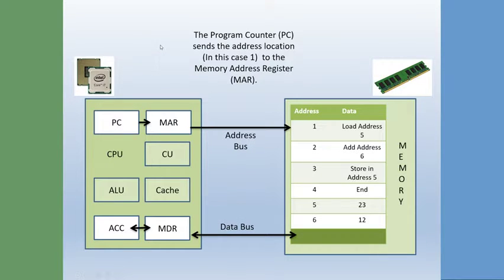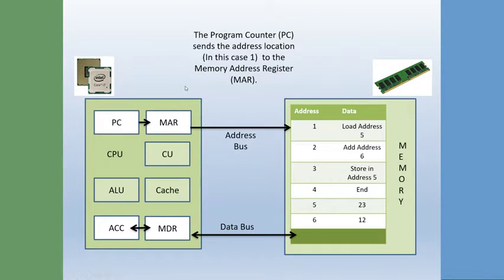So the next few slides, it's an animation. It briefly shows how instructions are fetched by the CPU from memory on the right hand side, and the various buses that are used to facilitate that.